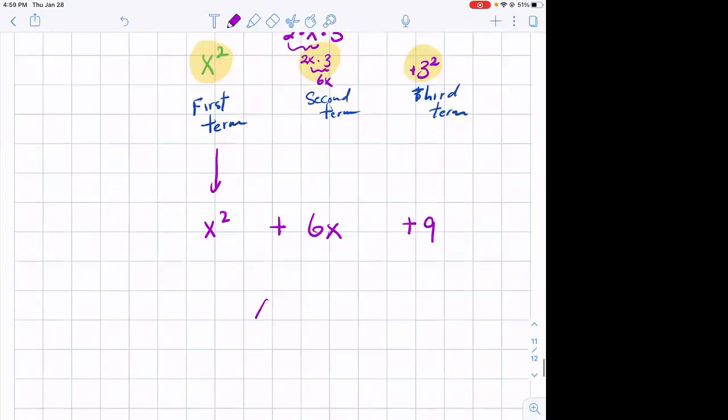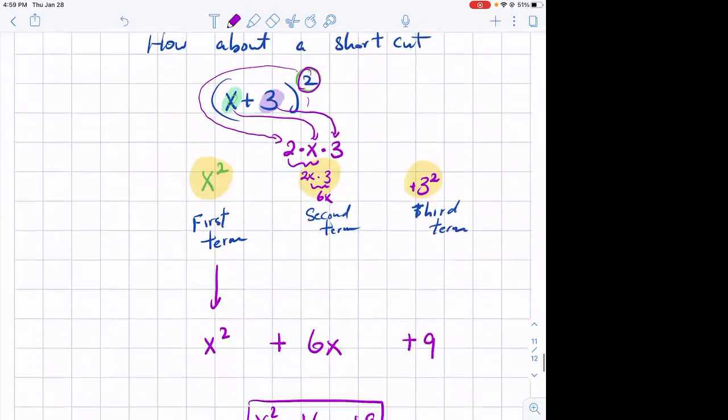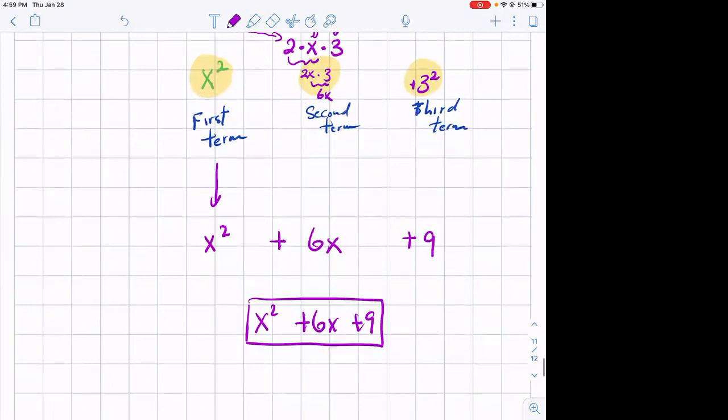So we have x squared plus 6x plus 9. That's the same thing we had before. It's a nice little shortcut once you get the hang of it.